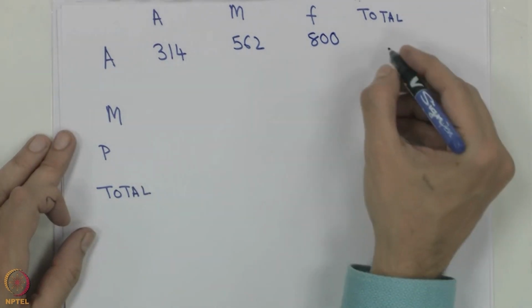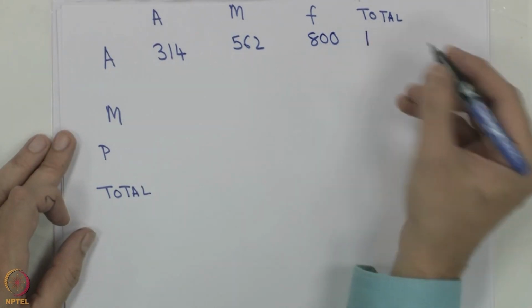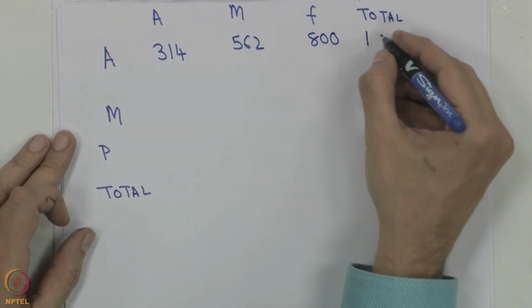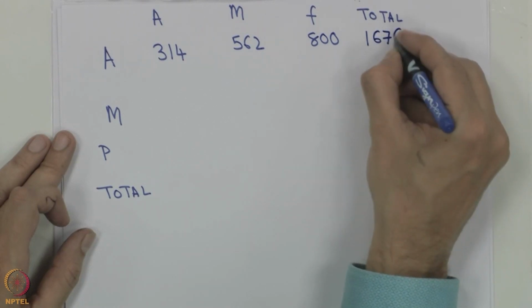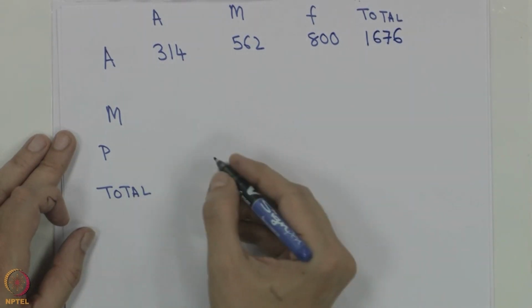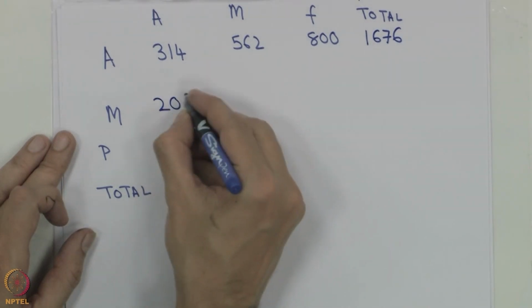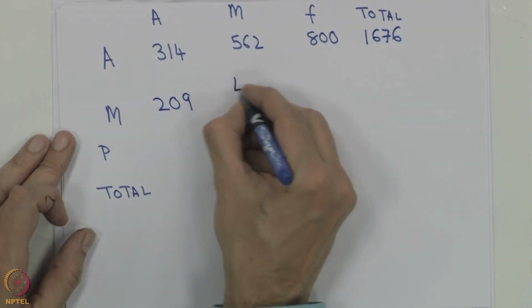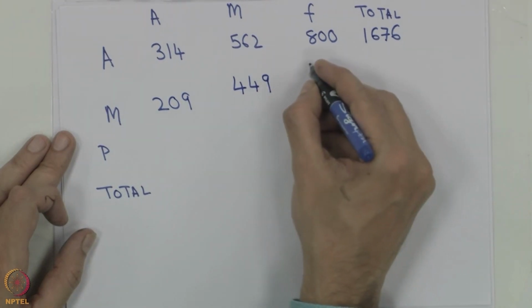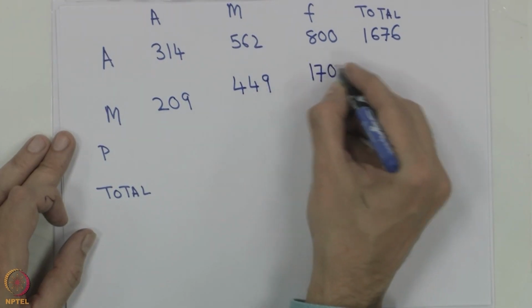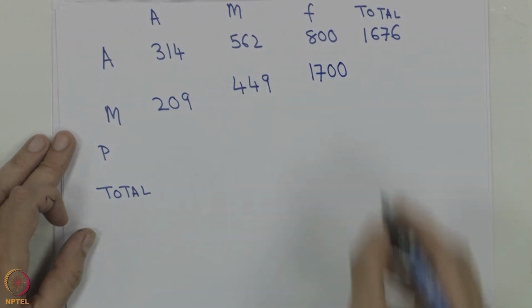When we add this up, this will come to the total value that we are looking at, which is 1676, and here we have 209, 449, and this was increased from 1500 million tons to 1700.